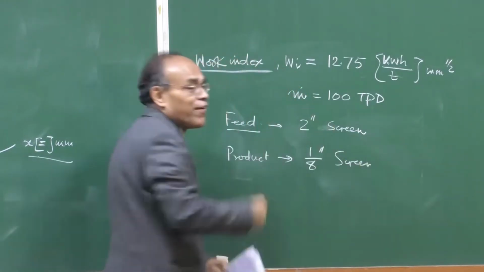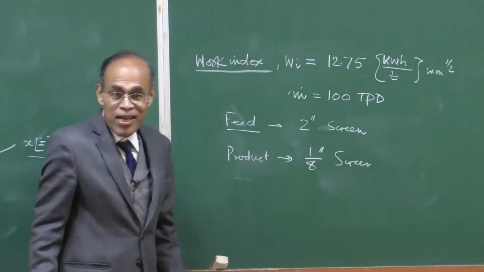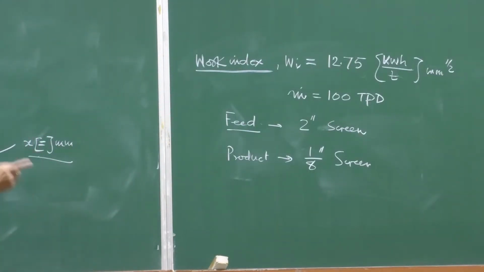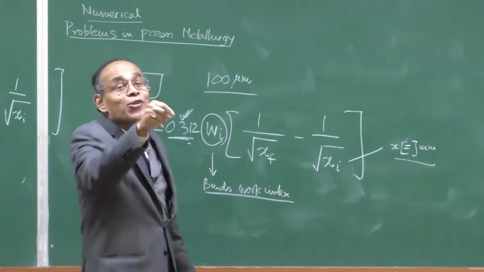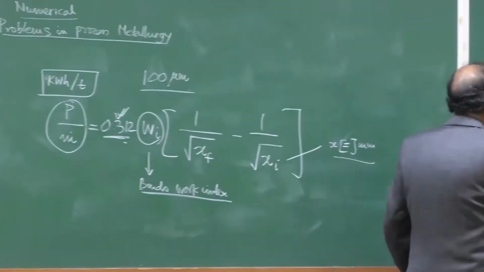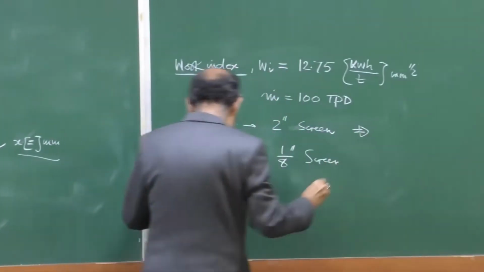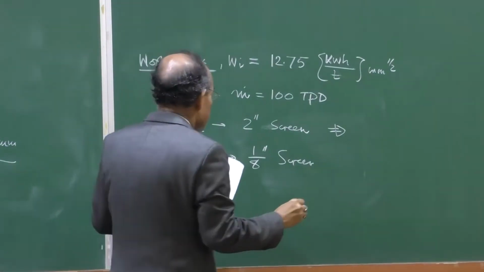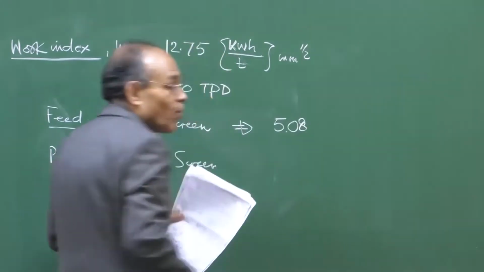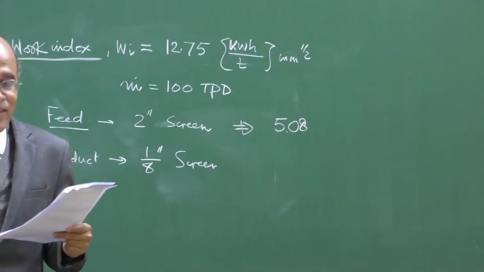I could have directly given you the values in millimeter. Okay? I deliberately put the value here because I wanted you to convert it and put it into this equation in millimeter, so that you never forget. Do not substitute the value in inches. So, 2 inch in terms of millimeter, 1 inch is equal to 2.54 centimeter.